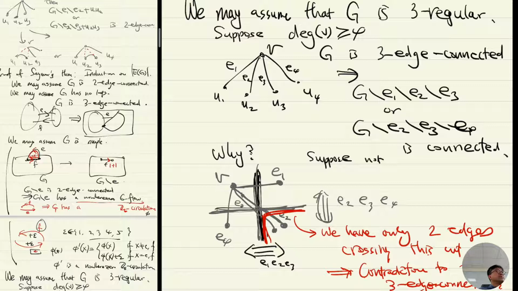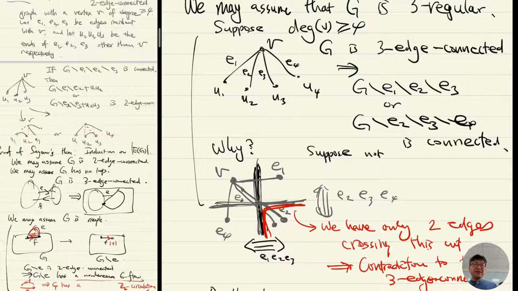The last condition is for any pair V, W of vertices, right?